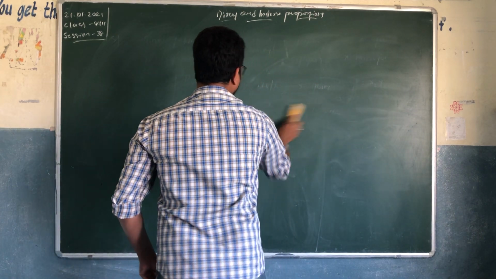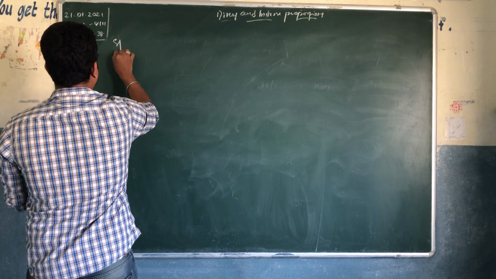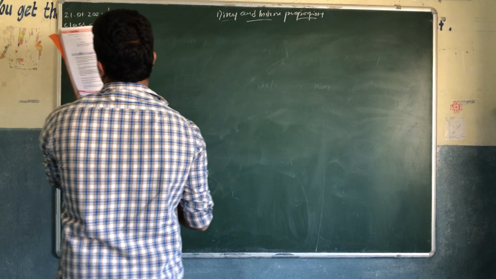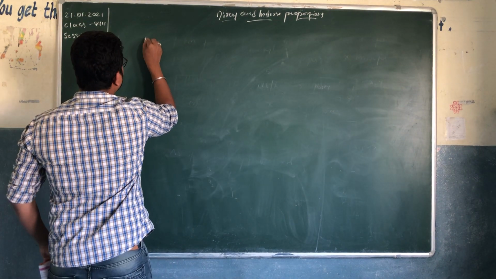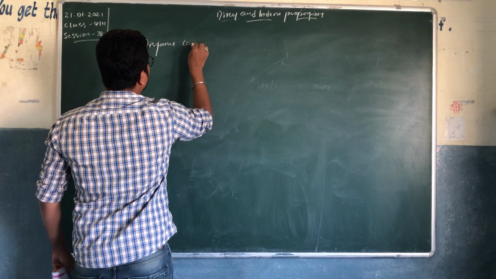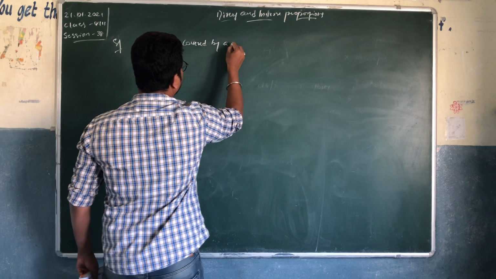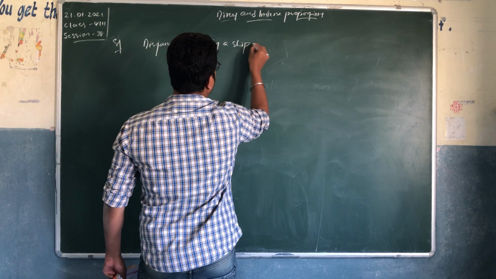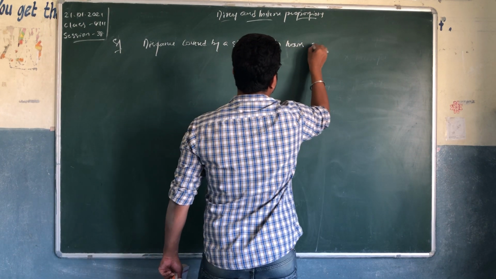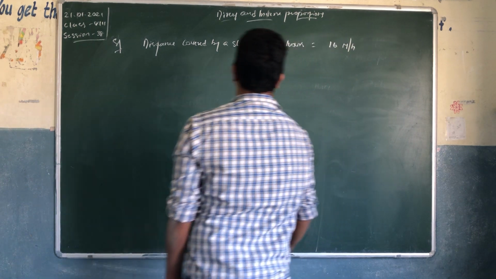So let me write it down. Distance covered by a ship in 10 hours is equal to 16 miles per hour.